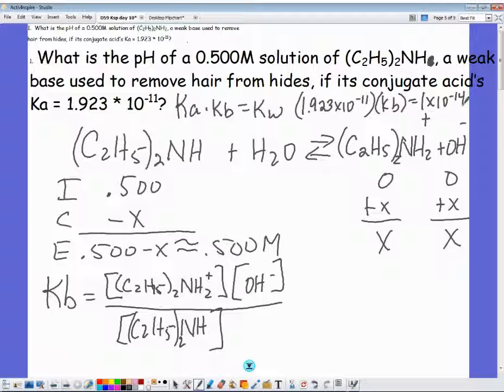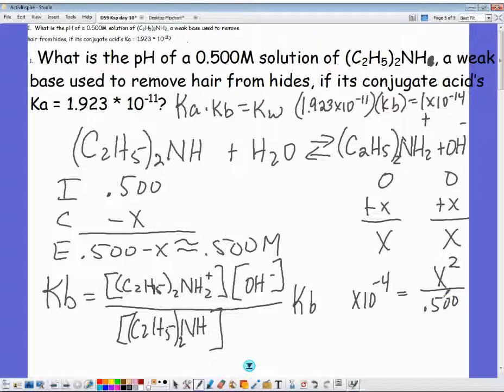All right, so when I do my math and find the Kb value, I have a negative 14, I have a negative 11, I end up with a value that's about a negative 4 for my Kb. So the Kb is something times 10 to the negative 4, and that's going to be x squared over 0.5.